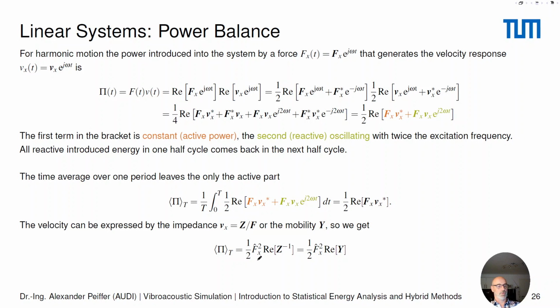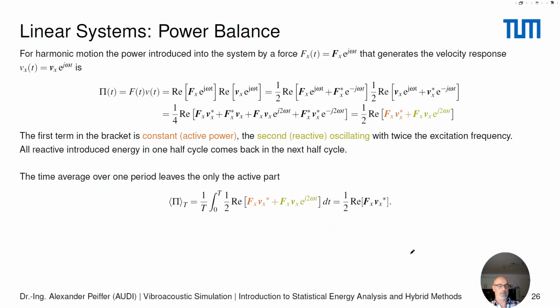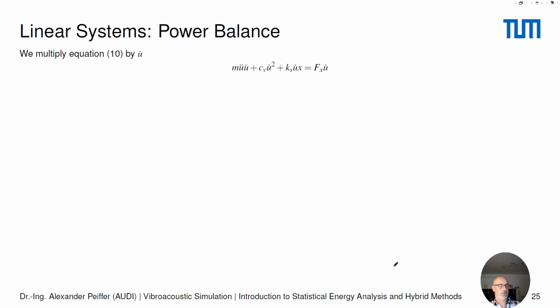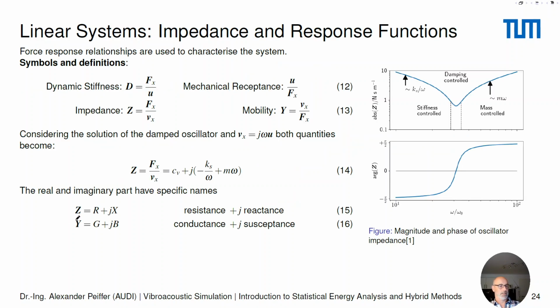And if we do so, we will just have a squared force and the real part of the impedance, or the reciprocal of the impedance, or directly the real part of the mobility. And especially now it becomes clear why it's so important to introduce different expressions for the real and imaginary part of those quantities, because if you go back to the mobility a little bit, we call the real part conductance and the susceptance.